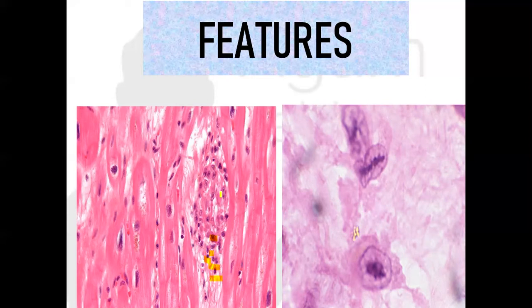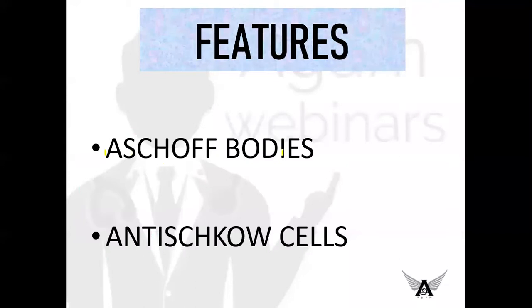If you take the lesion of rheumatic disease in the myocardial muscle, you will have foci. There are going to be some bodies called Aschoff bodies. The Aschoff body is a characteristic histological finding of rheumatic heart disease. So the lesion in rheumatic heart disease is going to contain bodies called Aschoff bodies.